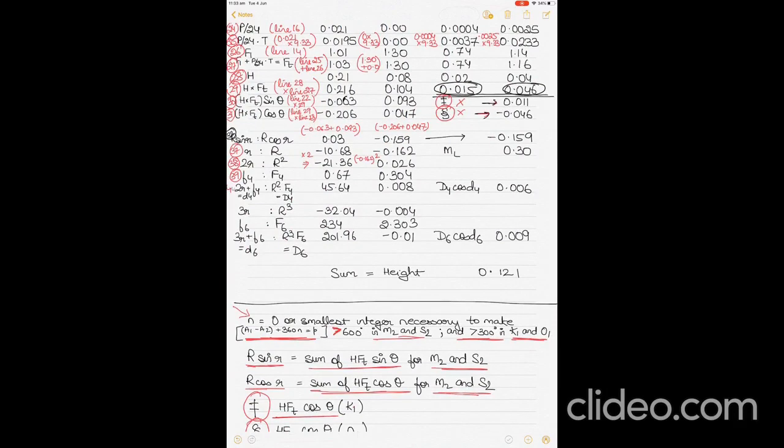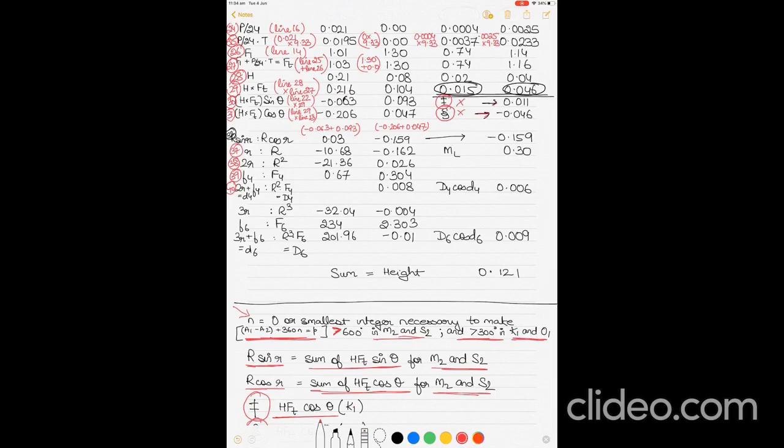Then line number 40 is 2r plus f4, which gives you d4, and r square plus f4, which gives you capital D4. So 2r plus f4, you know the value of 2r is minus 21.36, and f4 is 0.67, so just add the two. Alright, so I have written some wrong values here, because of which you'll get confused.